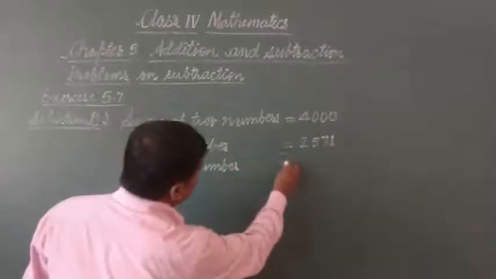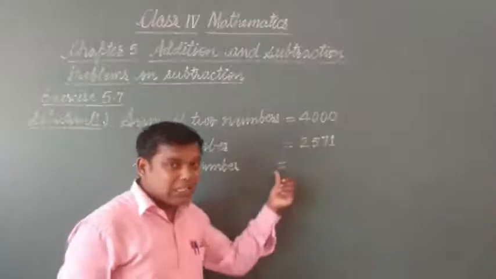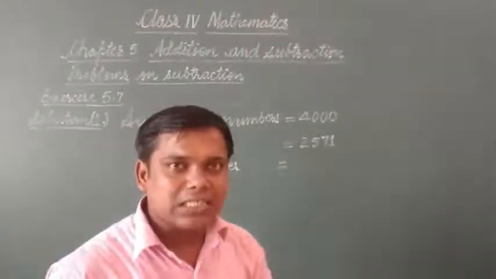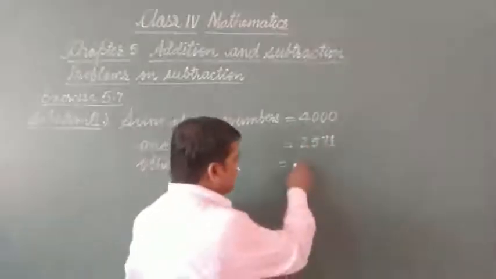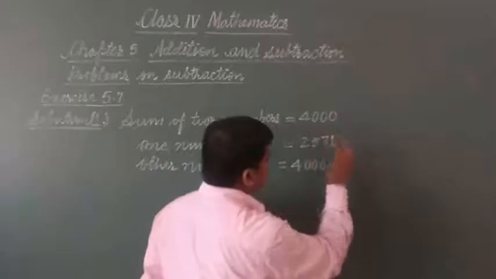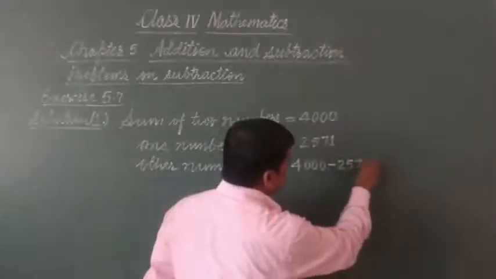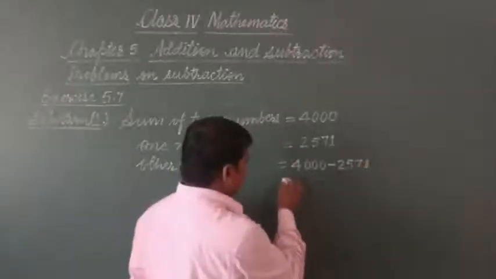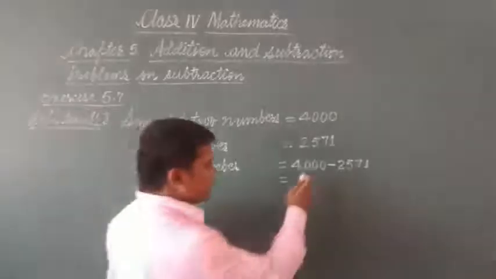Other number is equal to, it is the sum of two numbers, one number is given. To get the other number, we subtract this number from the sum. So we will write like this, 4000 minus 2571, and when you subtract, you will get the answer 0 minus 1.